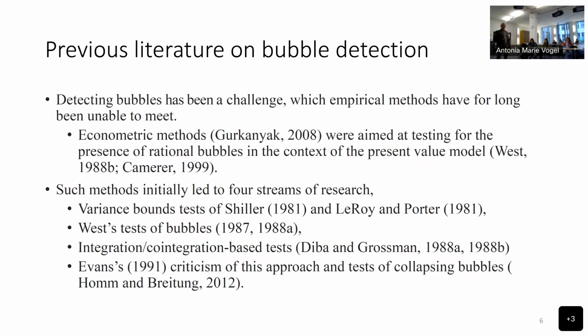I would say that most of them were old style, which means that they had not understood that to have a bubble, you need an explosion in the price. So at most, they were considering non-stationary prices, but it's unfortunately a little bit more complex.